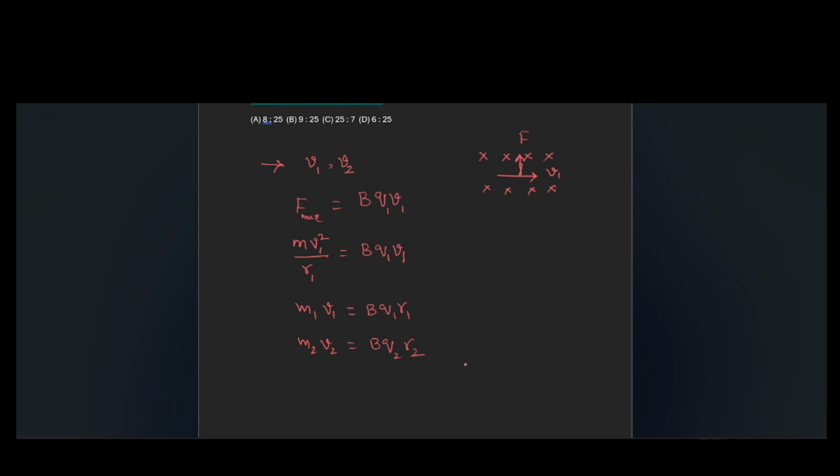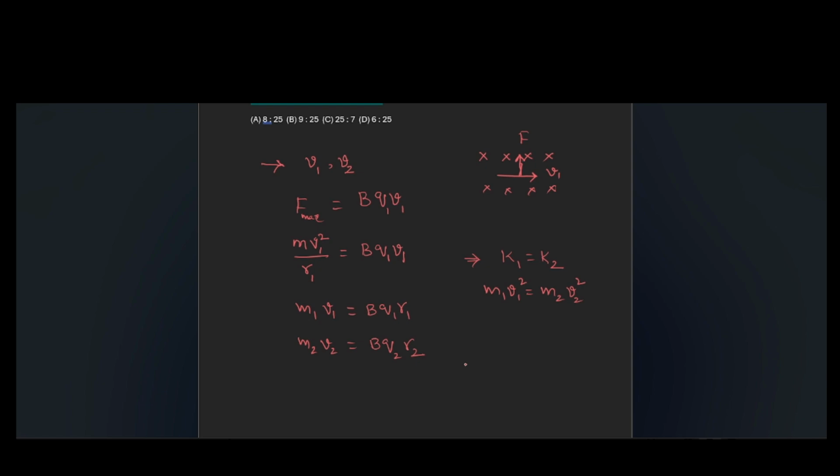So in this problem, one condition is given: the kinetic energies are the same. The kinetic energies of the two charged particles are the same. That is, half m1 v1 square is equal to half m2 v2 square. Half we can cancel on both sides.